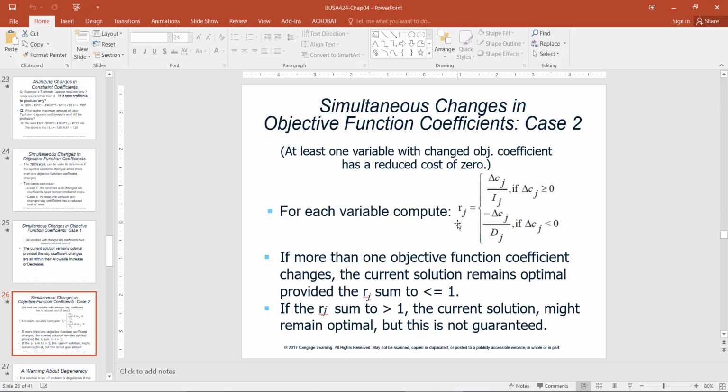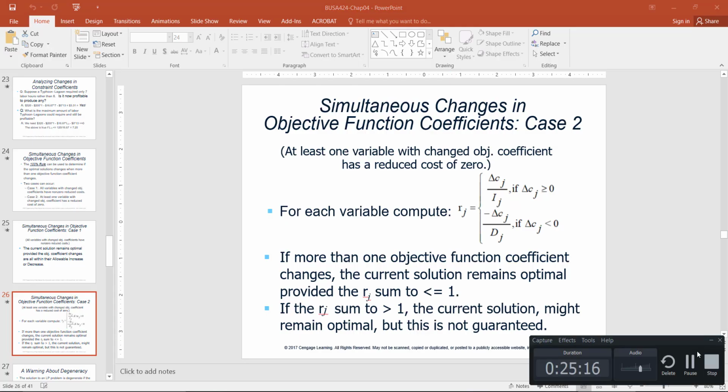If the summation of Rj is less than 1, then the current solution remains optimal. But if it's greater than 1, then there is no guarantee. It may remain optimal, but nothing is guaranteed anymore.